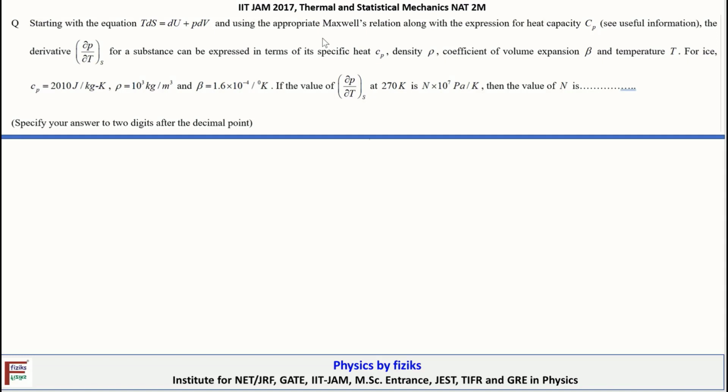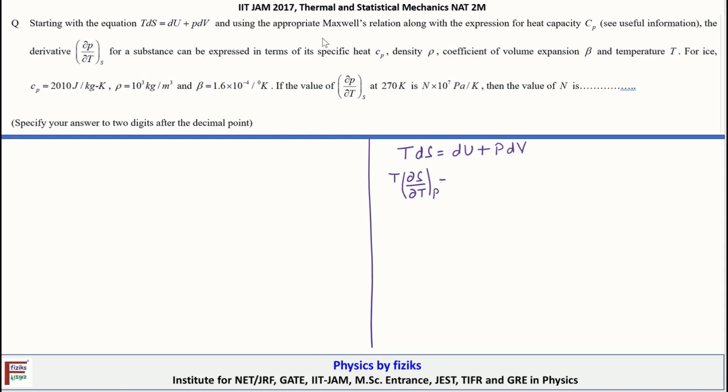So we are given that TdS is equal to dU plus PdV. From this equation we can write TdS by dT at fixed pressure, because somehow we have to obtain the results from this equation so that we can connect the given parameters.